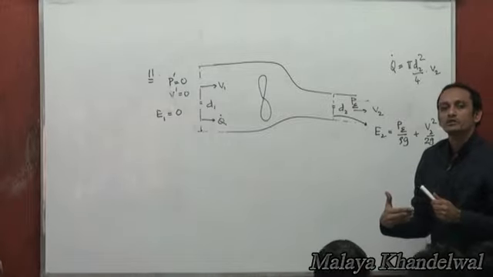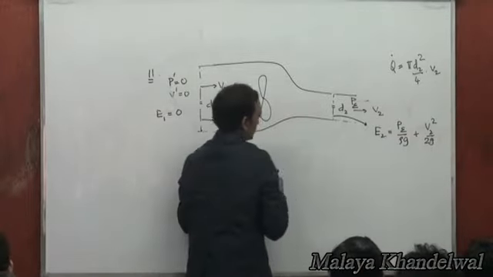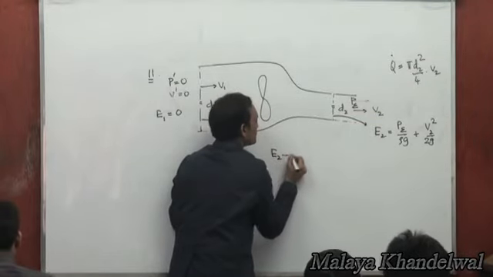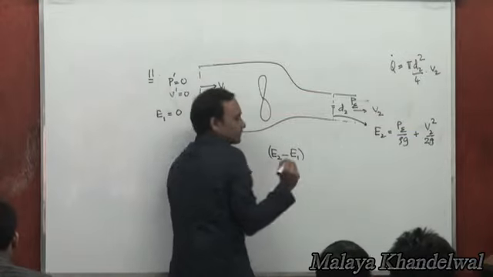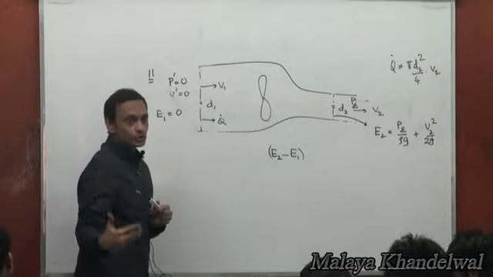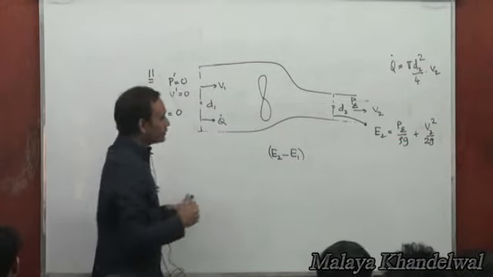So how much energy, in meters or joules per unit weight, is provided by the blower? E2 minus E1 is the energy in joules per unit weight of the fluid.